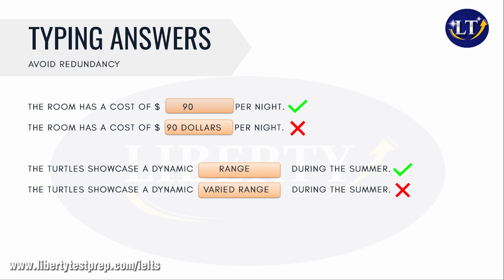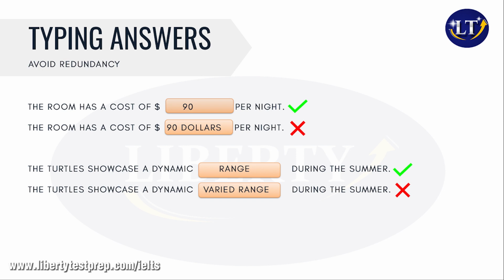Then also be careful with adjectives. Let's read the second example here. The turtles showcase a dynamic, blah, blah, blah, during the summer. And here we wrote "range", "dynamic range". That makes sense because dynamic would be the adjective for the noun range. Okay. But then the other person, the next line, they wrote "varied range". And that might be what they heard from the listening passage, from the audio.